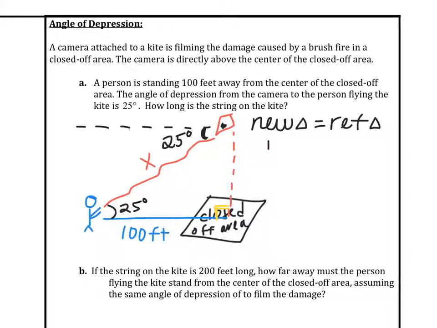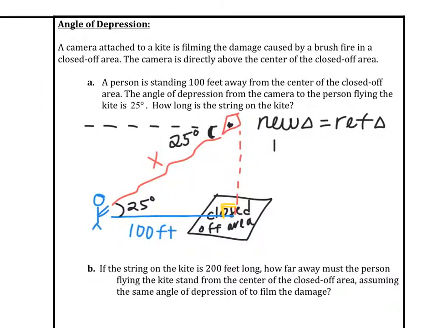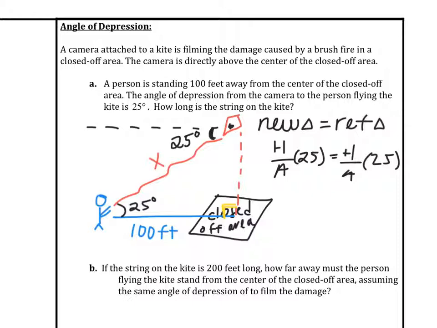I'm going to do h over a, which would be secant.